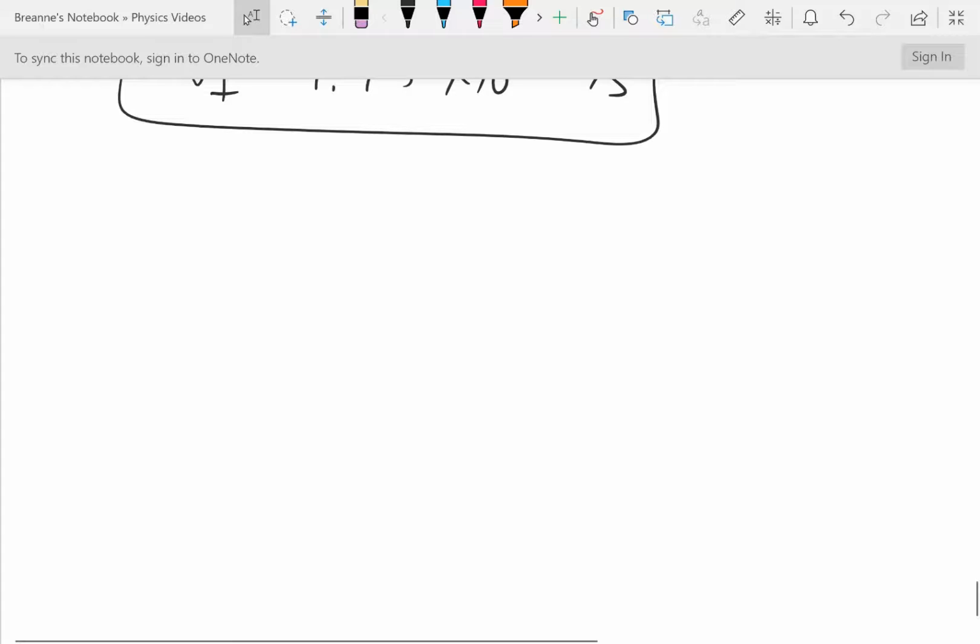So on 16, it says Sarah throws a ball straight up in the air with an initial velocity of 19.62. So our givens, it says right out the back, initial velocity is 19.62 meters per second. And how long will the ball be in the air before Sarah catches the ball?